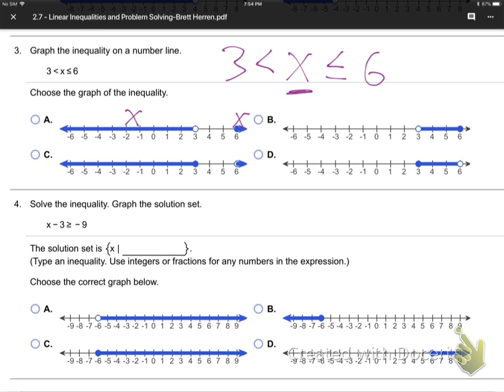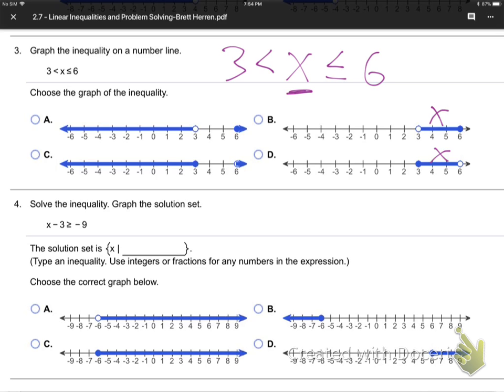Which of those has shading, A, B, C, or D? Which of those has shading between 3 and 6? B and D. Both of these two. Now we just have to figure out the dots. Everybody okay with that? Does that make sense? So again, one more time, let me say that clearly.